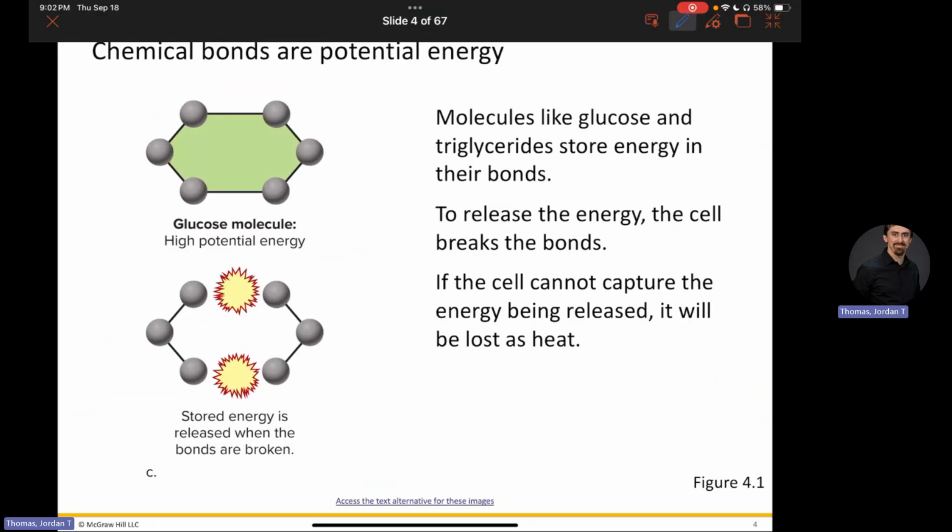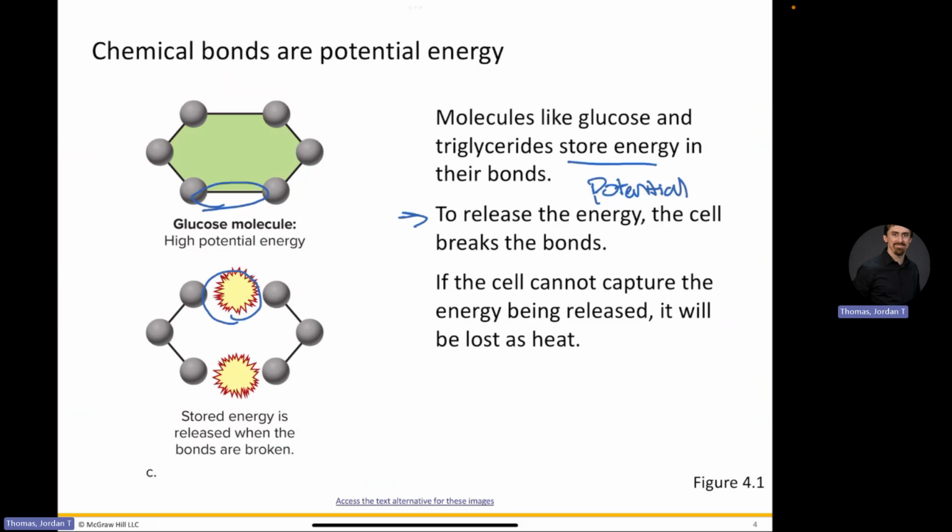Within chemical bonds, we also have energy. We have a glucose molecule here. And molecules such as glucose, triglycerides, or any other molecule, within their bonds is stored energy. Remember, stored energy is potential energy. So it's energy that the molecule is storing currently. To release the energy, the cell breaks the bond.